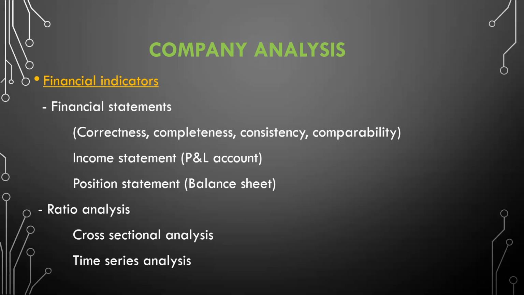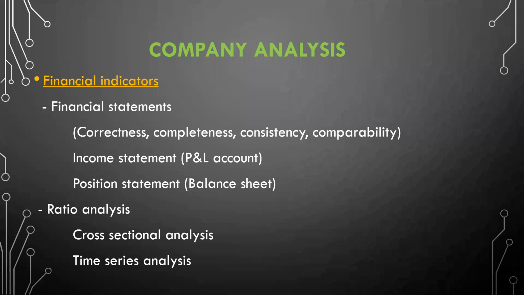Now, another method or another financial indicator is the ratio analysis. The ratio analysis can be carried out as cross-sectional analysis or time series analysis. If we are comparing the ratios with those of other companies, then it is cross-sectional analysis, whereas if we are comparing it with the past data of our own company, then it is known as time series analysis.